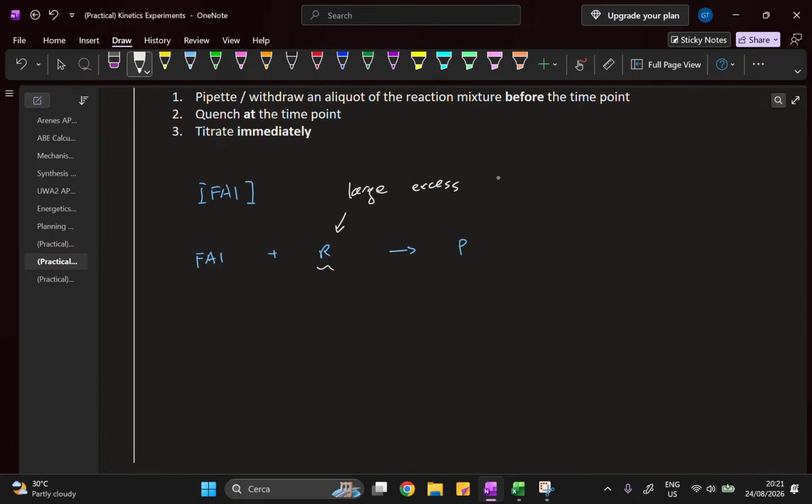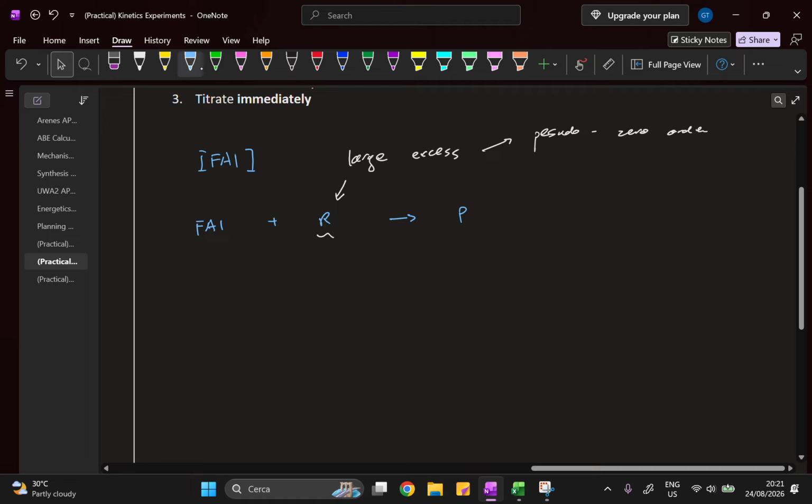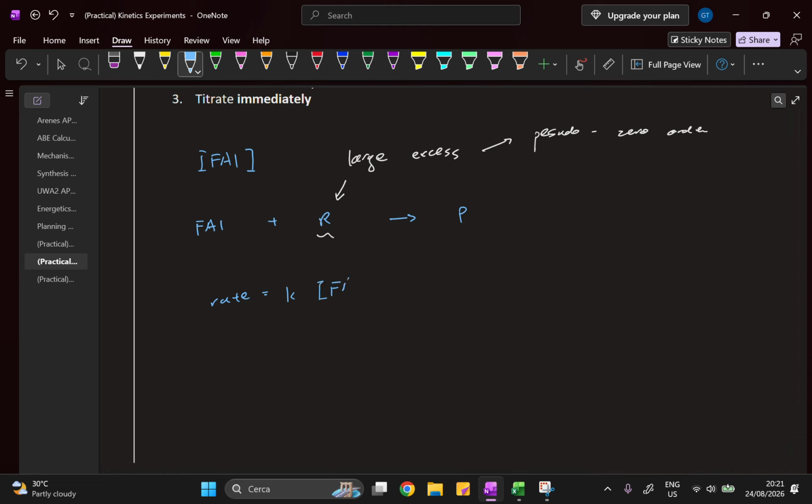If you remember your kinetics theory, if something is in large excess in an investigation, we say that it's pseudo zero order. Even though the rate equation may be something like this, I have no idea what this power is yet. I'm trying to find this power.